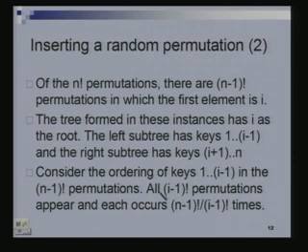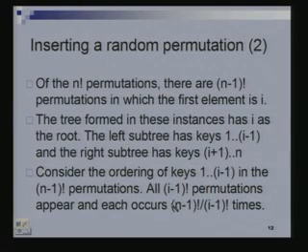But this is a simpler argument. There are n minus 1 factorial permutations in all, and there are I minus 1 factorial permutations of these elements 1 through I minus 1, and there is no reason why one of those permutations should be more likely than the other one, right. They will all occur the same number of times, it is symmetric after all, right. So, each permutation therefore of these elements is occurring exactly so many times, right.